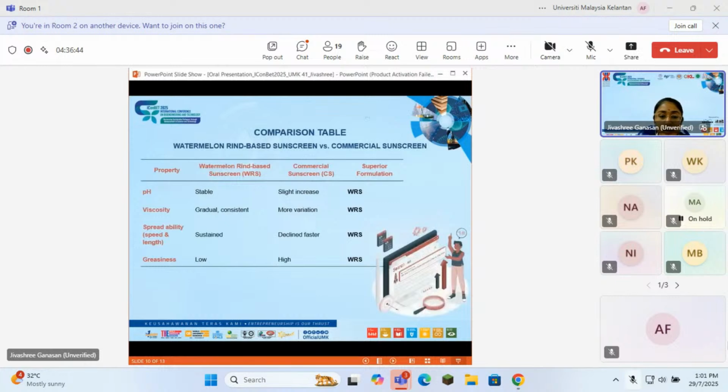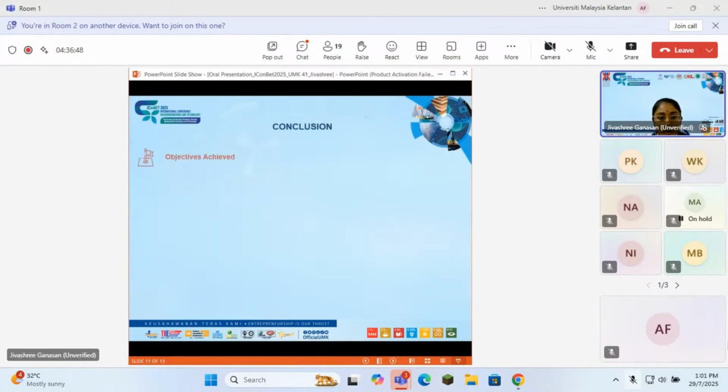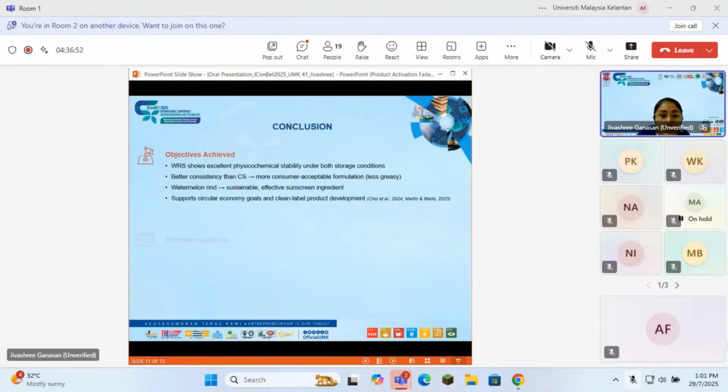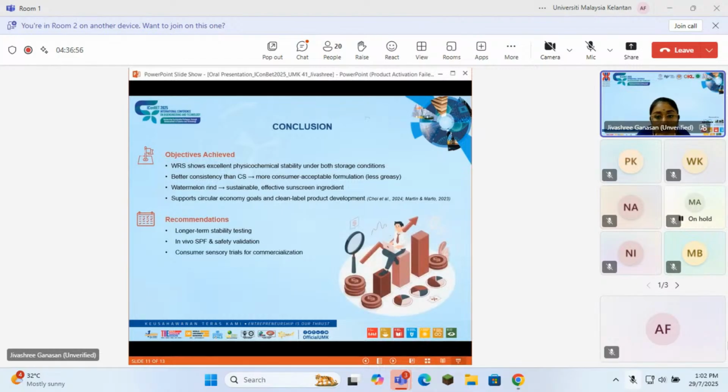So to conclude, the watermelon rind sunscreen has achieved the objective by showing excellent physicochemical stability under both conditions. Even though there is variation, it is not great, and it has achieved the product specification, making it reliable for sunscreen formulation as well.